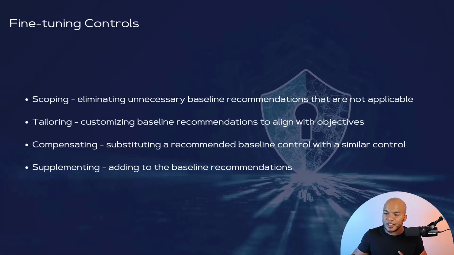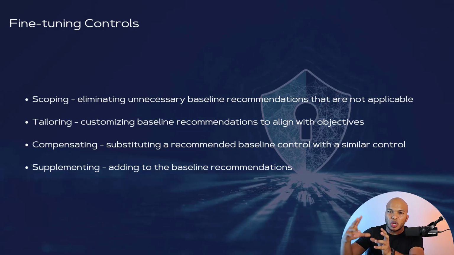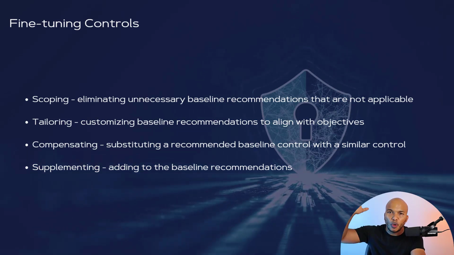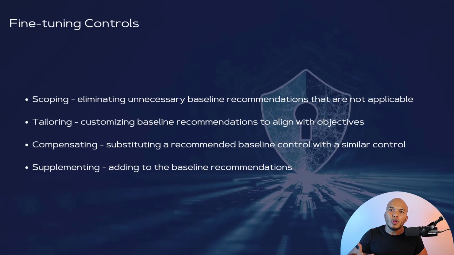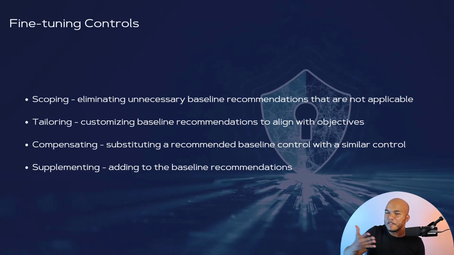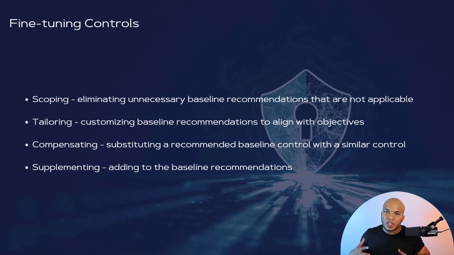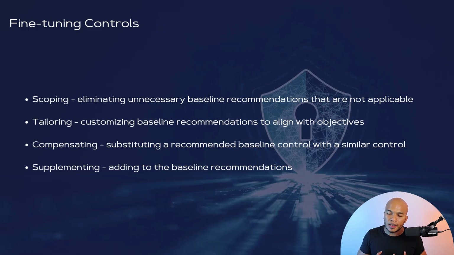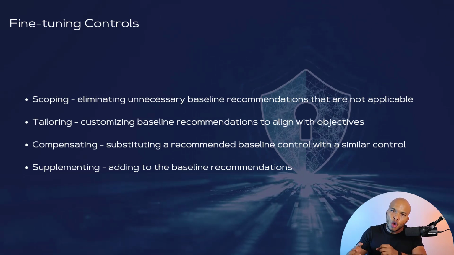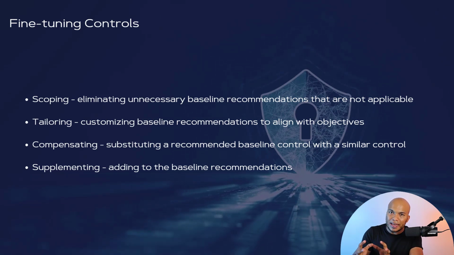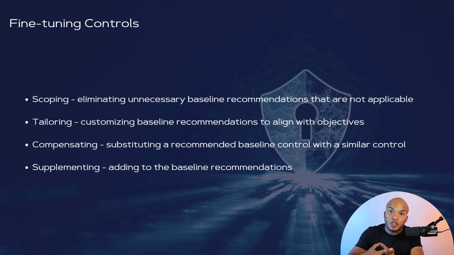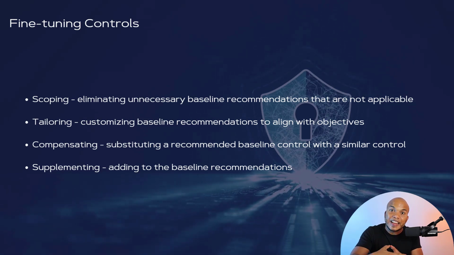So the thing is, these baselines, these pre-configured manuals of security and all that, they may not always be applicable to every kind of situation. So if you, as the security architect, are taking that baseline, you want to fine-tune that baseline into something that will fit your particular scenario perfectly.